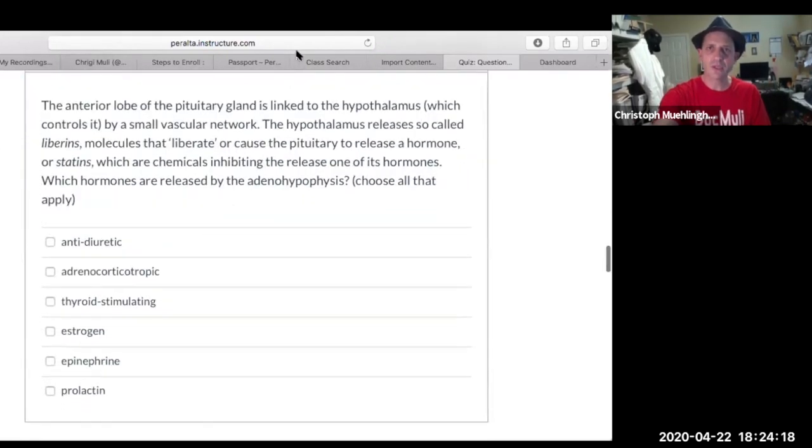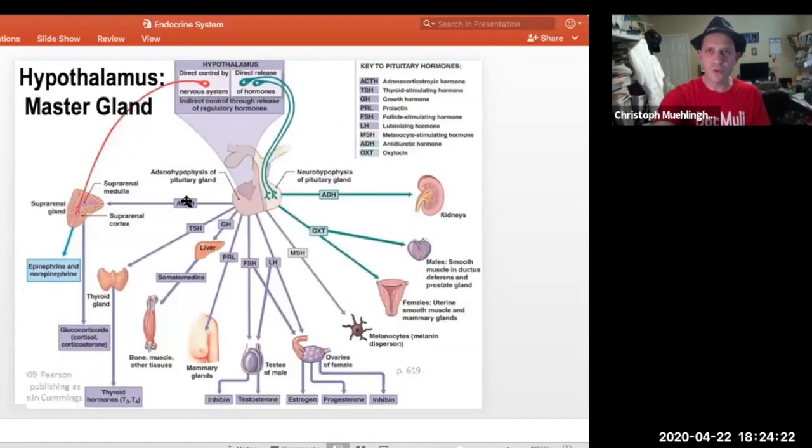So what do we need to know about those two? They're direct release hormones, ADH, antidiuretic hormone, and oxytocin. These are the functions, what they do and what organs they work on. It's nice to have an overview chart.